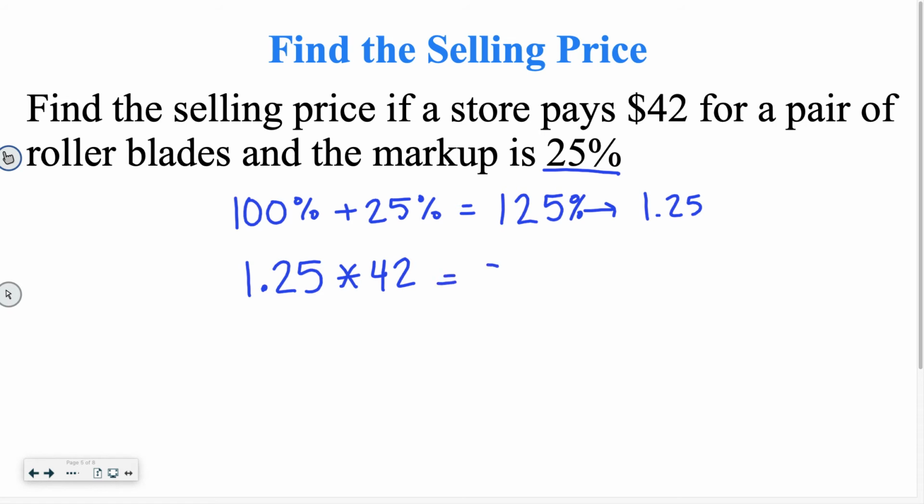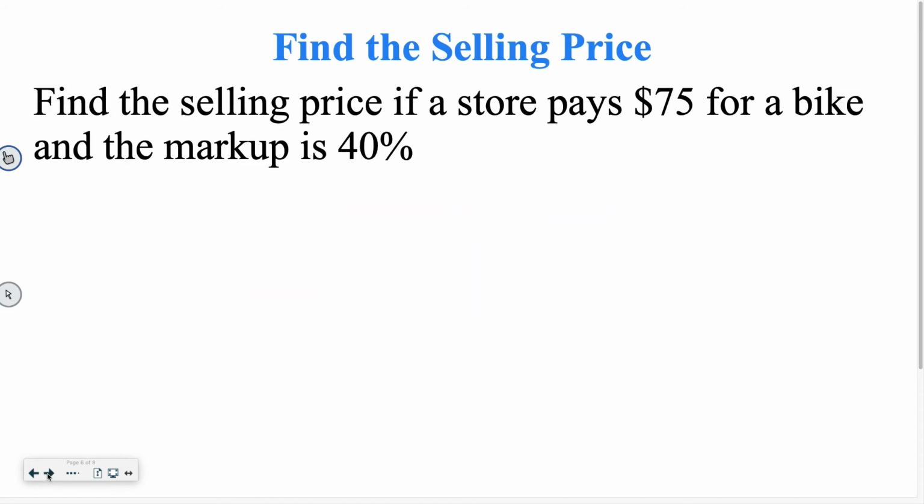When I do that, I find out that these rollerblades, even though the store only paid $42 for them, I'm going to have to pay $52.50 if I want these rollerblades. Okay? Let's try another one.